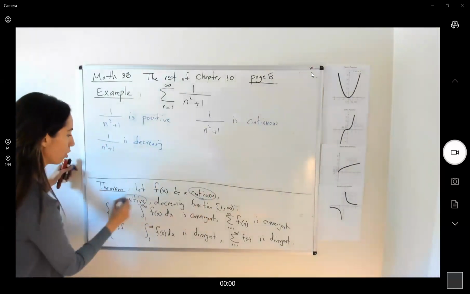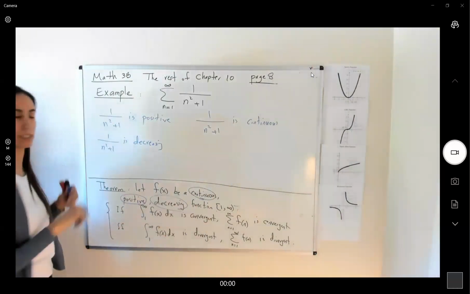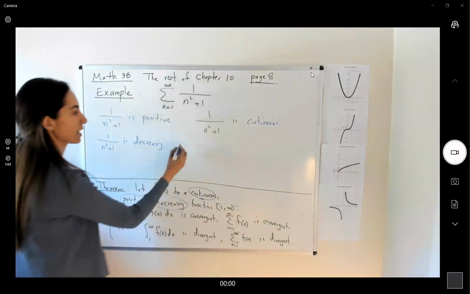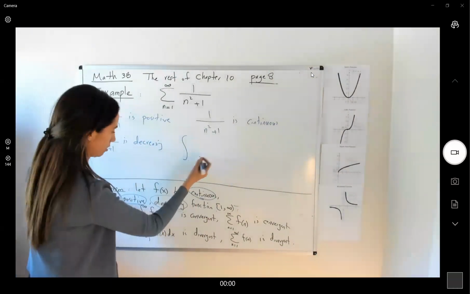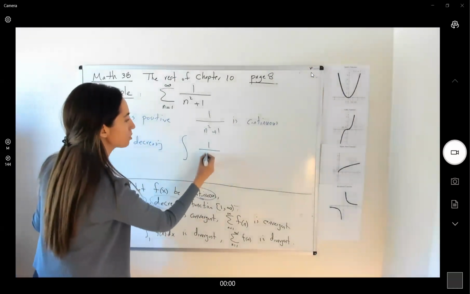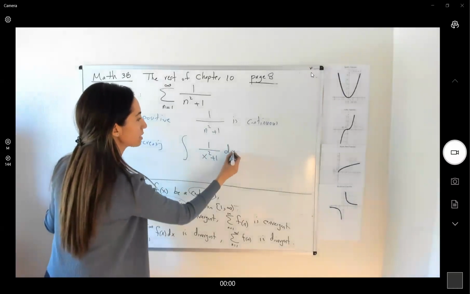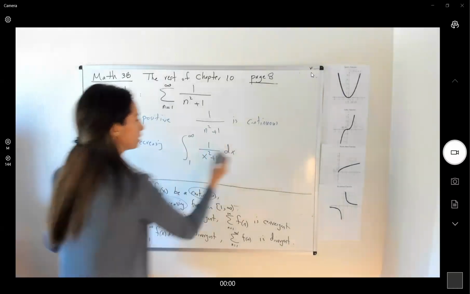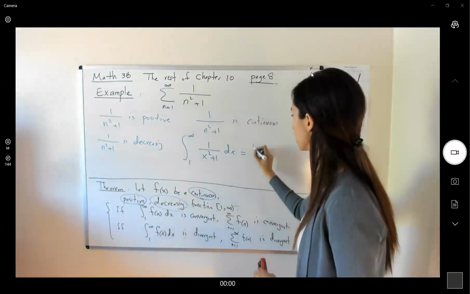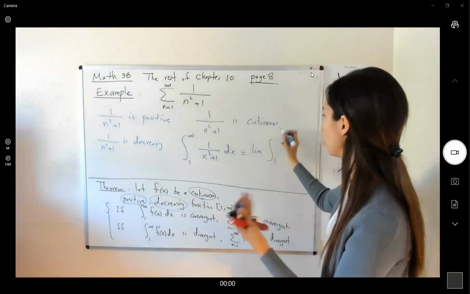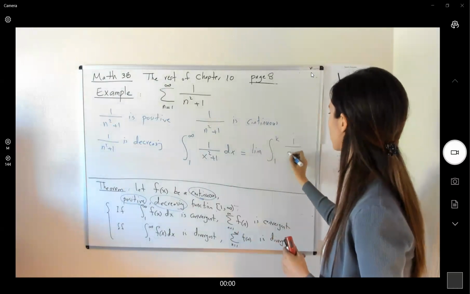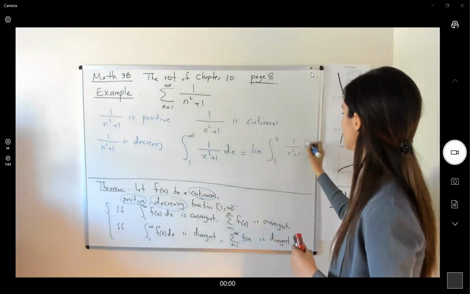Continuous, positive, and decreasing. So we can apply the theorem. The integral of the function 1 over x squared plus 1 dx from 1 to infinity is equal to the limit of the integral from 1 to k of 1 over x squared plus 1 dx.